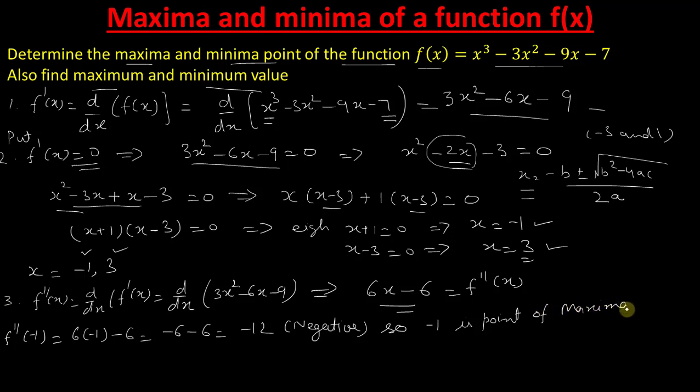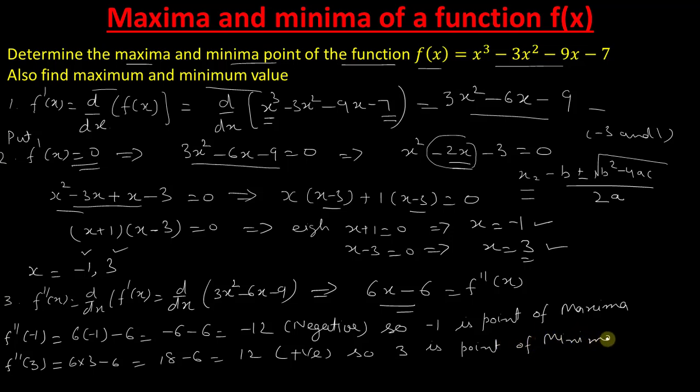Now let us see f''(3). We put x = 3: 6 × 3 − 6 = 18 − 6 = 12. It is positive, so 3 is a point of minima.